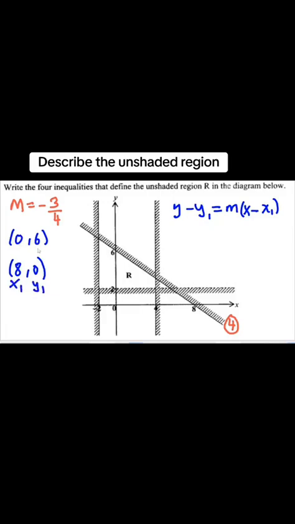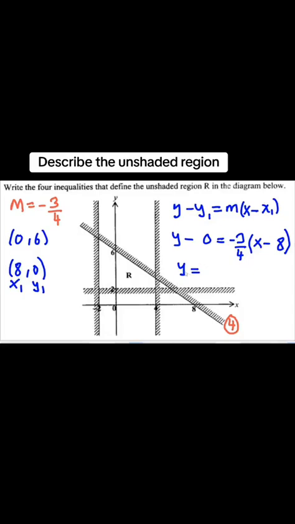If you want, you can pick 0, 6. You get the same answer. Then m is the gradient. So let's just substitute. Y minus our y1, which is 0, equal to, our m is negative 3 over 4, open bracket, our x minus our x1 which is 8. Then we do this. So we're going to have y is equal to, because it's a 0 here, it's not going to make any impact.